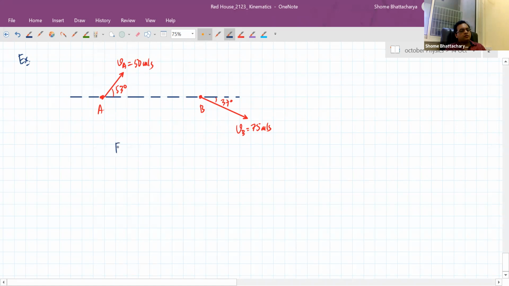So find the instantaneous approach or separation velocity, whichever you feel is happening in each of these cases. So this is the first case I'm giving you.